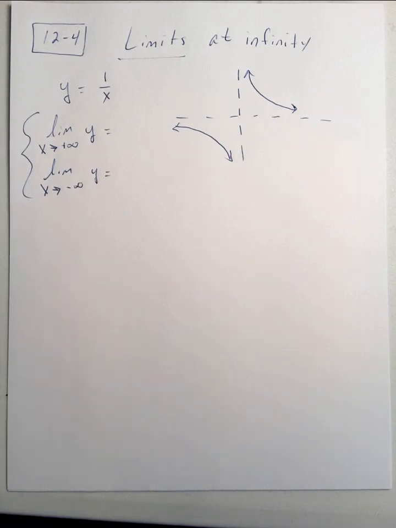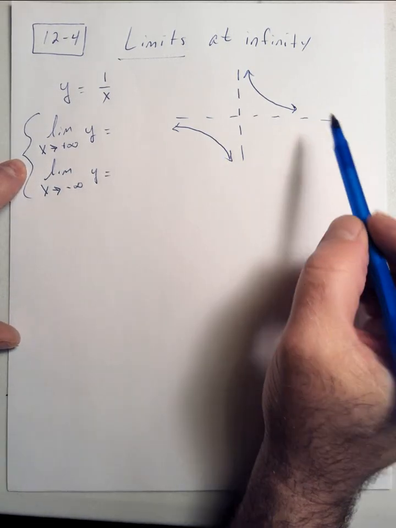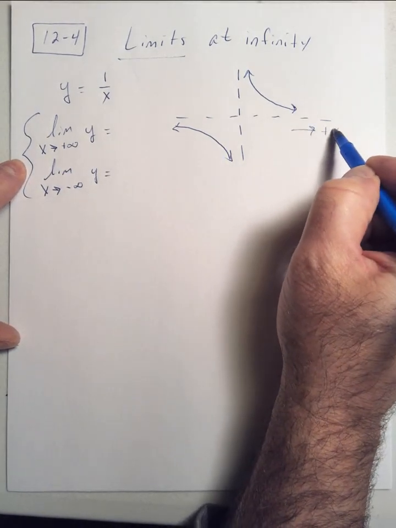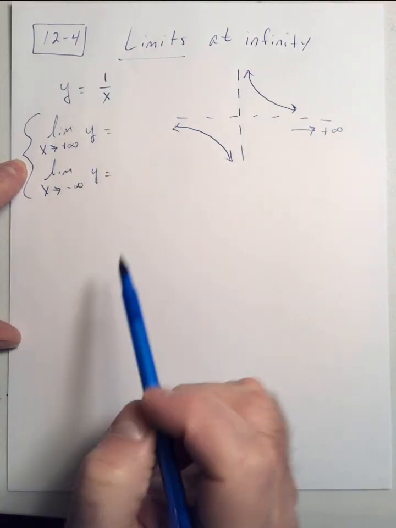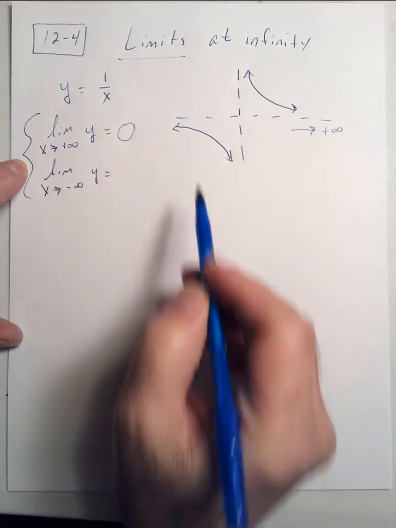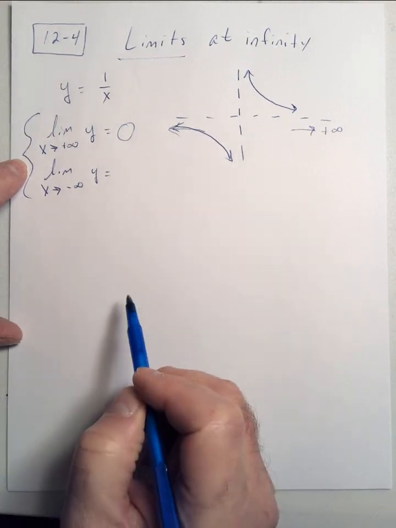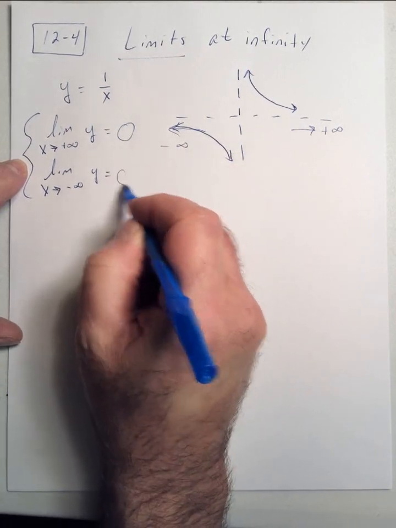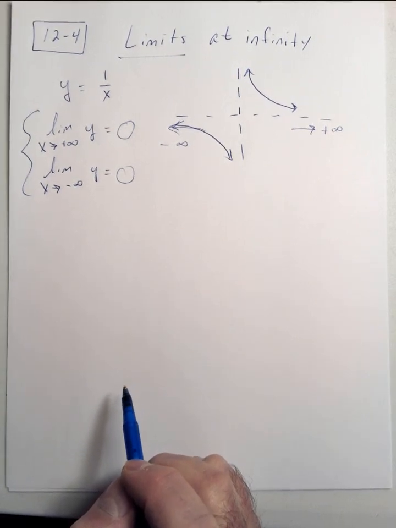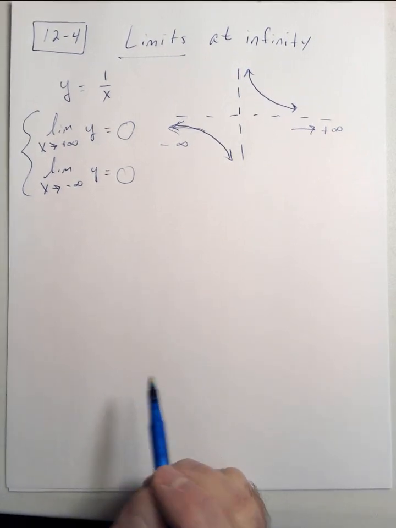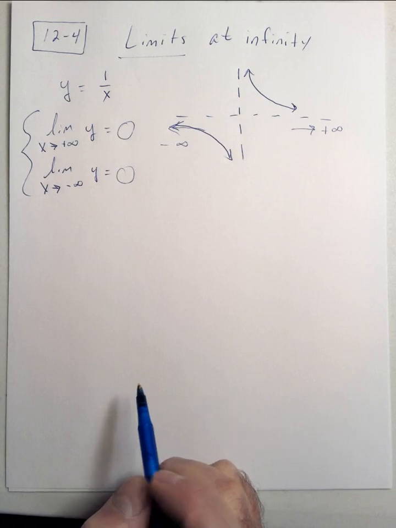So looking at this particular example here, our inverse variation, we know that as we go to positive infinity, as x is getting bigger, y is approaching 0. And as we go to negative infinity, we're approaching 0. So the limit here of this particular function at infinity is 0. And that's what it's approaching.